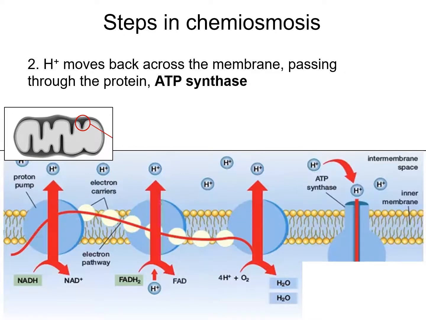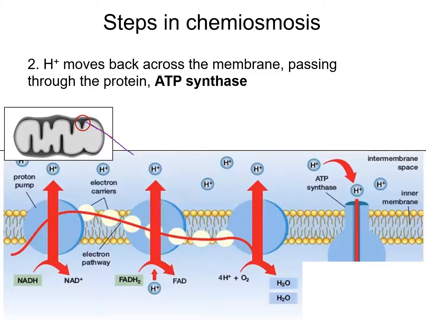Okay, now that we've built up a really high concentration of these hydrogens in the intermembrane space here in black, these hydrogens don't want to stay there. They want to flow back down from this high concentration where they're all packed in to a low concentration where they're not as packed, back in the mitochondrial matrix.